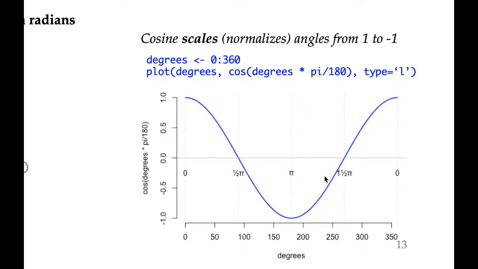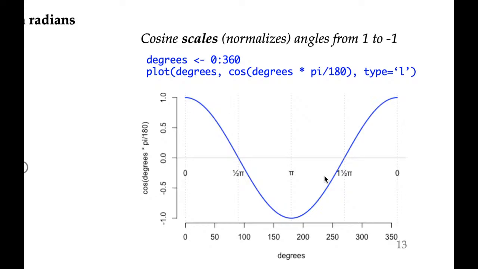Why are we interested in cosine? Why am I suddenly going back to these kind of principles? Well, whether you're doing degrees or radians, cosine has a couple of really nice properties. One nice property is that if you give it angles, it normalizes them between 1 and -1.